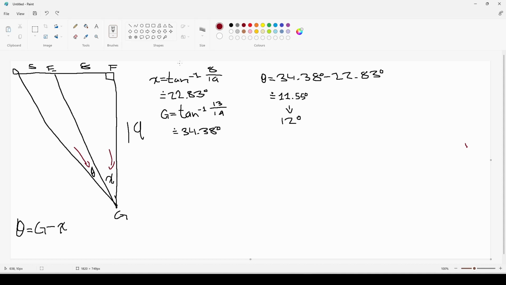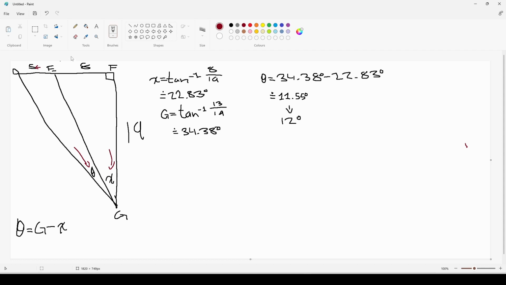So, same principle as our value of x in that last one, where x is equal to the inverse tangent of 8 over 19, of course, just the opposite over the adjacent, which is roughly equal to 22.83 degrees.